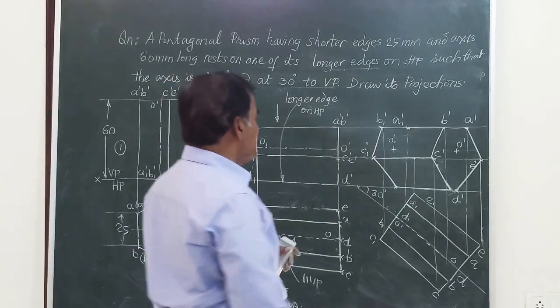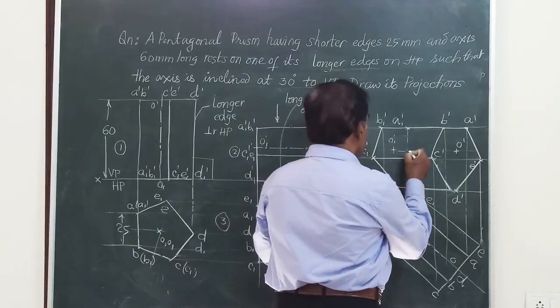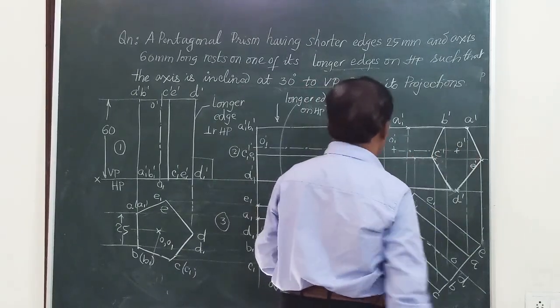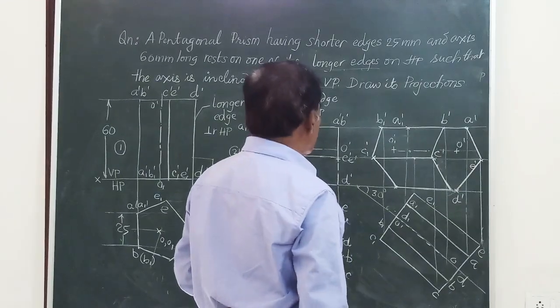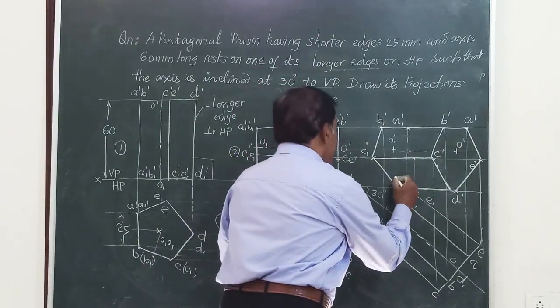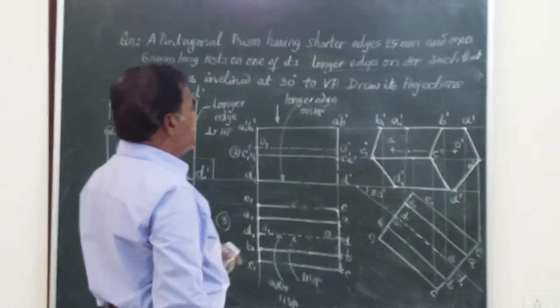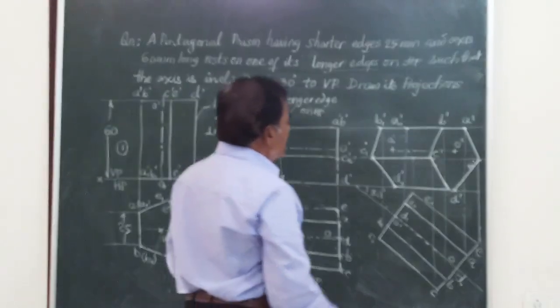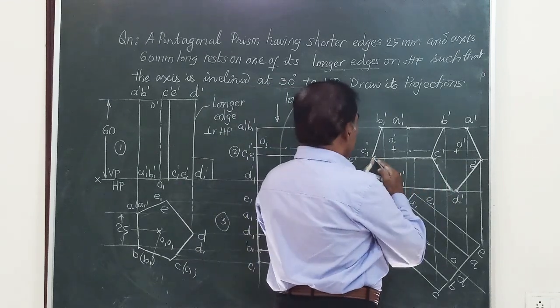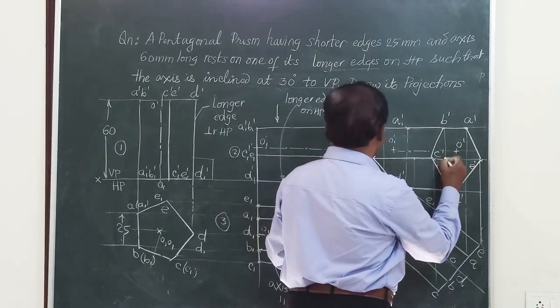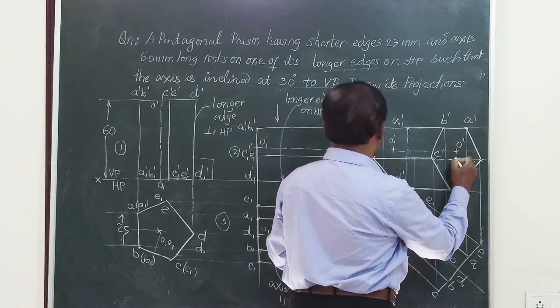So what is not visible here? The axis, let us mark here with a dash-dot line; the axis we have marked. And we have D dash, D1 dash as the longer edge which is resting on HP. What is not visible is only a part of this: this part of the corner EE1 is not visible.